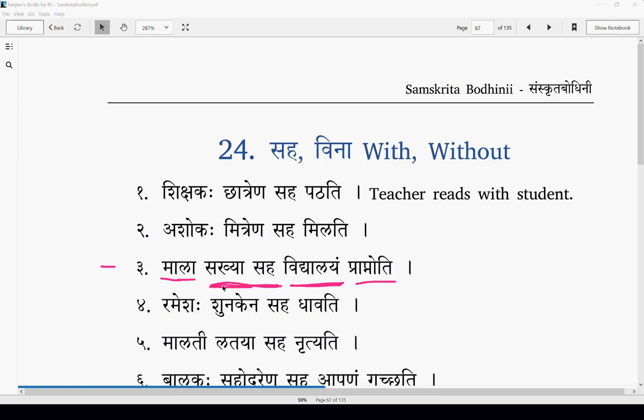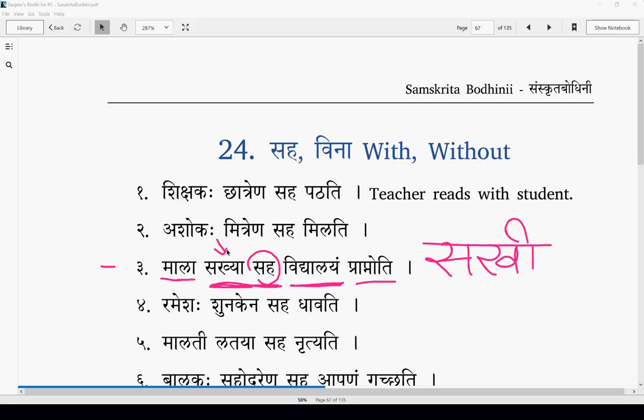What is Sakhya, what is the vibhakti? Tritiya. What is the root word, Pratipadikam? Sakhi, like Nadi, Lekhani. Sakhya saha vidyalayam prapnoti. So wherever there is a saha, Tritiya is used.